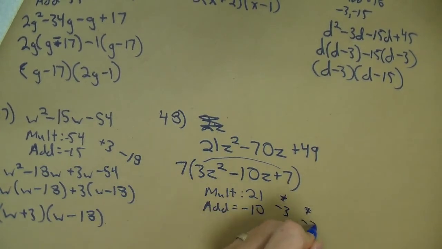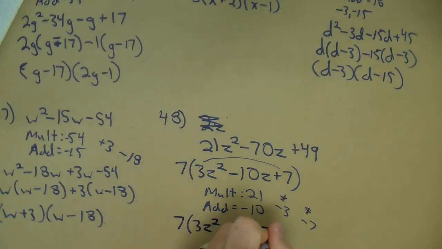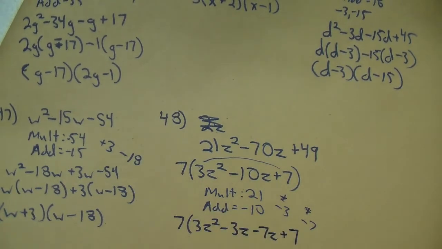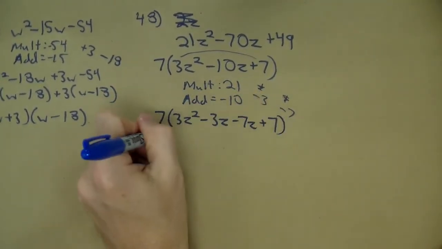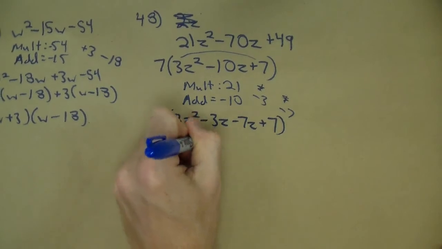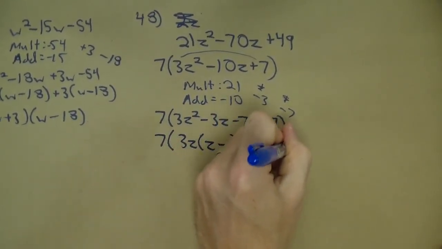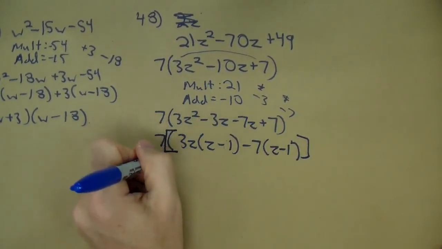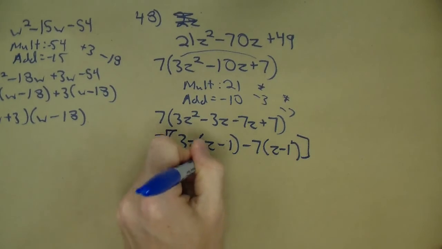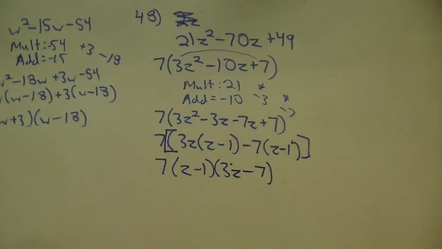And negative 3, negative 7 would fit. So we do 3z squared minus 3z minus 7z plus 7. This becomes a 3z, z minus 1, minus 7, z minus 1, and then we get 7 times z minus 1, 3z minus 7.